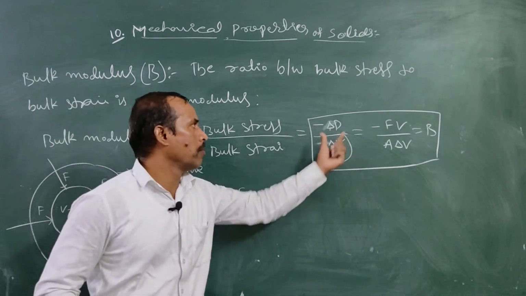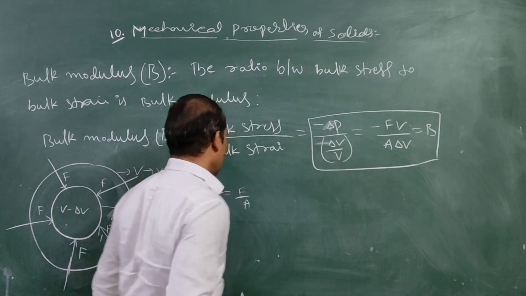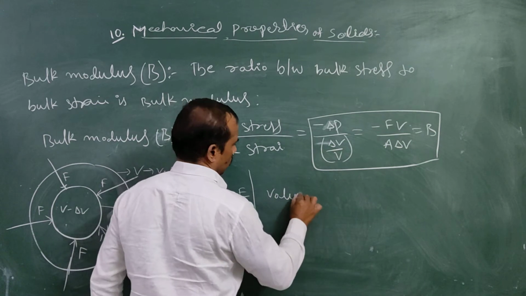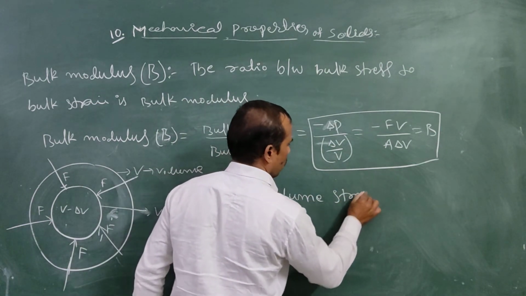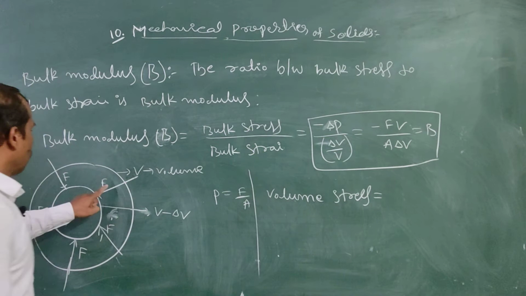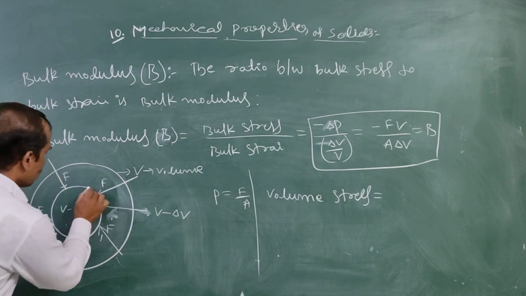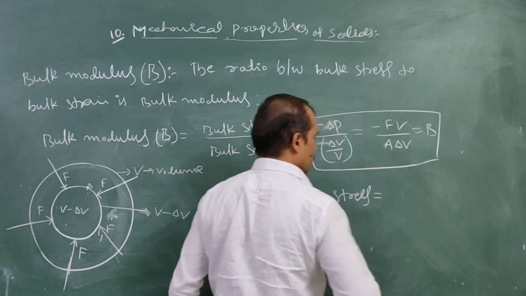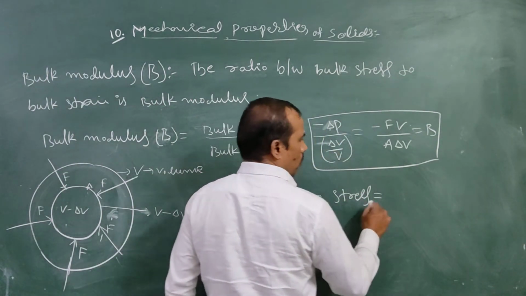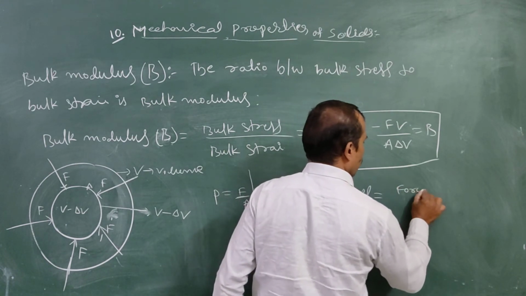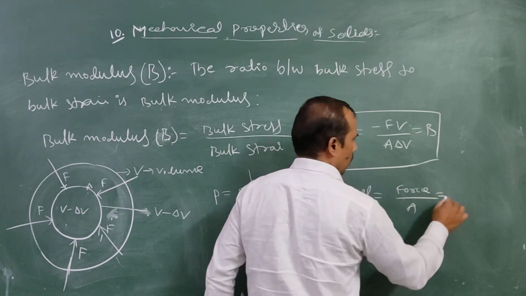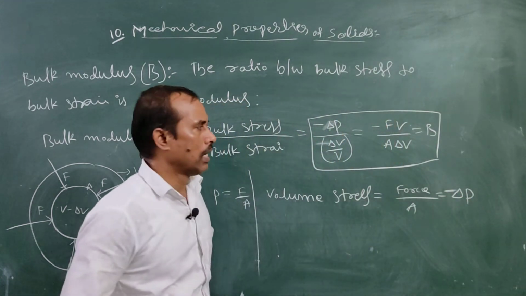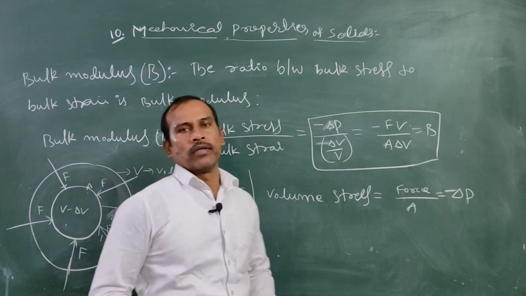Note this: volume stress is equal to force by area, where the area is the surface area and the force is the applied or compressing force. So volume stress is equal to force by area, that is equal to delta P, the change in pressure.